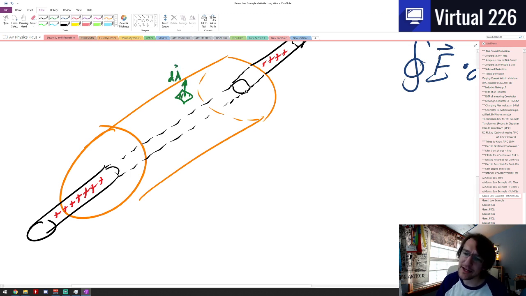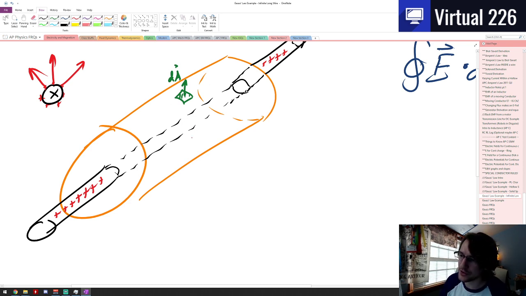And my electric field from these positive charges is radial. Here is my wire going into the page, and the positive charges are out like this. So the E field is going to be moving radially out of it, like that. They're going to be next to each other.